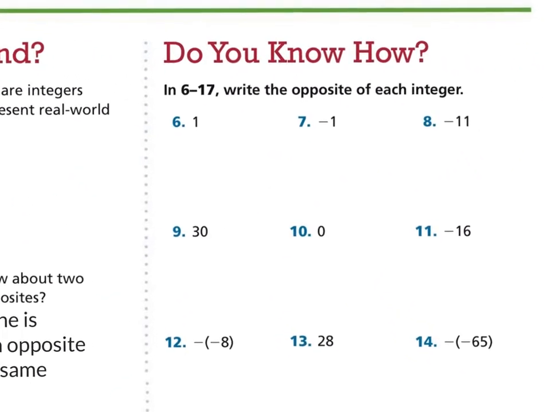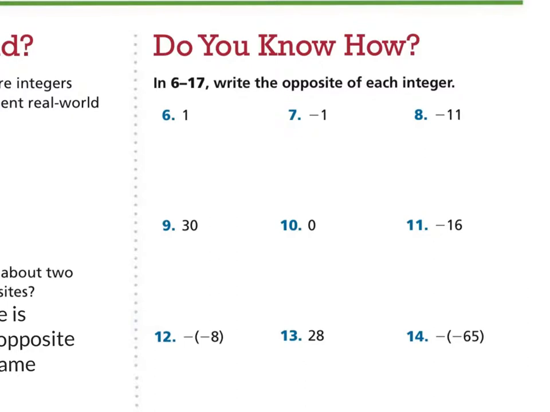So next, if we look at the do you know how, they are wanting us to write the opposites of these integers. So number 6, they want the opposite of 1, which would be negative 1. Number 7, the opposite of negative 1 is 1. Number 8, the opposite of negative 11 is 11.